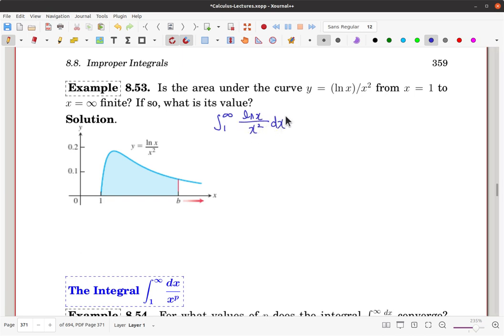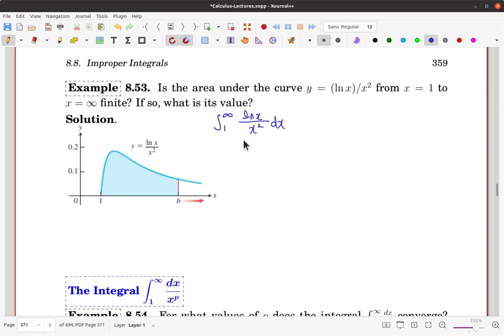From now on, rather than using b and the limit as b approaches infinity, we'll use infinity notation. Then you can understand the meaning quite easily.